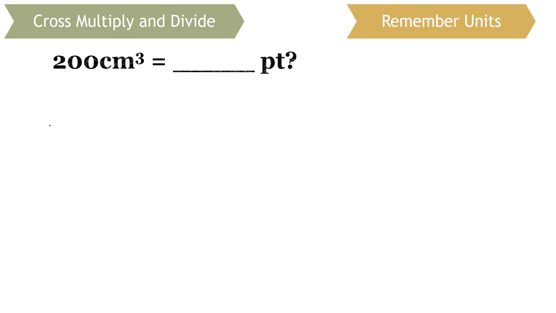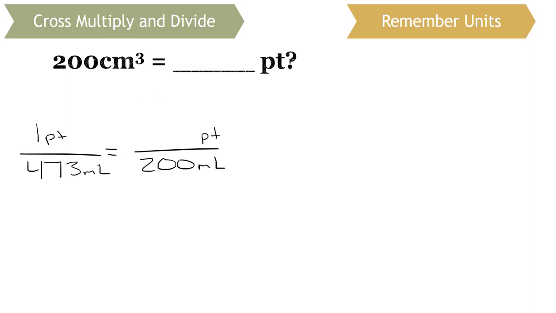Alright, so remember, cubic centimeters, cc's, milliliters, all the same thing. So let's set up our proportion. We know that every 1 pint is equal to 473 milliliters. Let's carry our units over. And we have 200 milliliters is equal to how many pints? So 200 times 1 is 200.